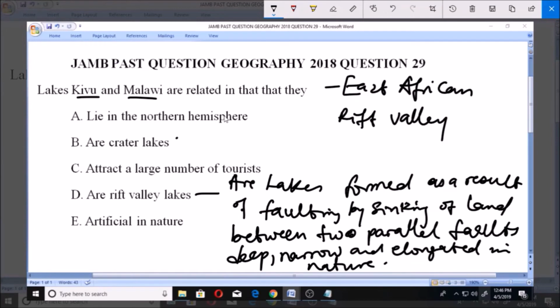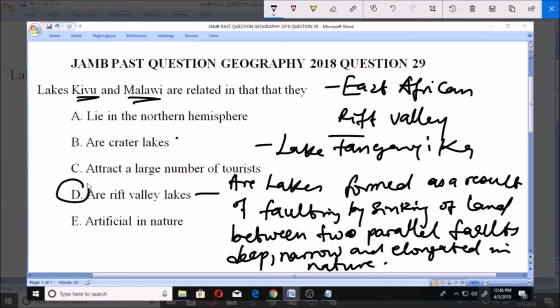It's not just these two lakes. You also have Lake Tanganyika. So those are the lakes that we see in the East African Rift Valley. And that is why option D is the right answer. All of them are rift valley lakes. Thank you.